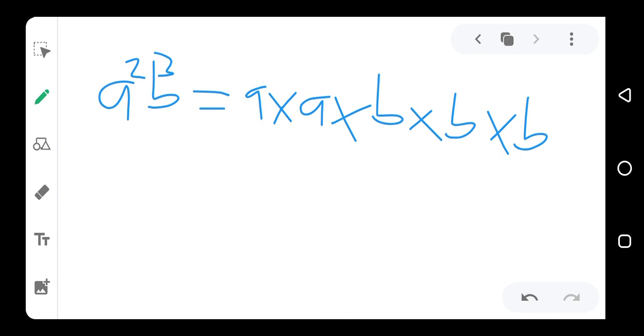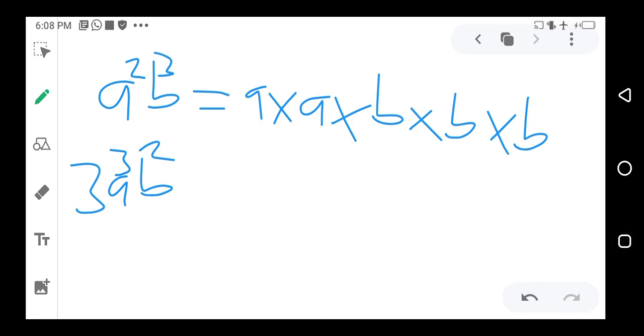Then we can also combine this with numbers, like 3 raised to power 2, a raised to power 3, and b raised to power 2.